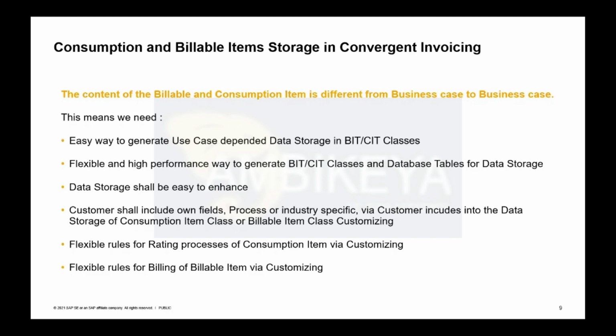And in the end, you can set up the billing and invoicing processes in mass processes. With flexible rules for rating of consumption items, you can do this via customizing. You can integrate convergent charging or other rating and charging systems. We also have the possibility, via customizing, to define flexible rules for billing of billable items.